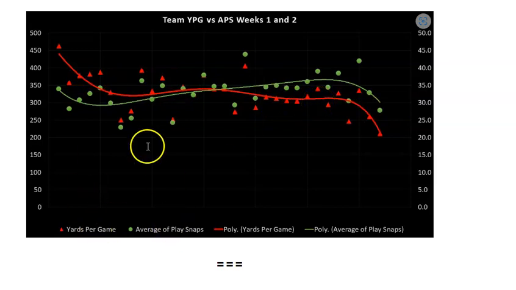If we look at average player snaps, we kind of see a low to a high. So it seems to be an inverse relationship. And anytime I see an X on data, then there's a story there, I think.